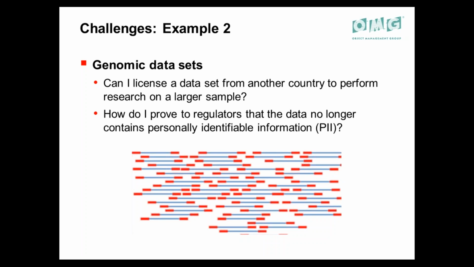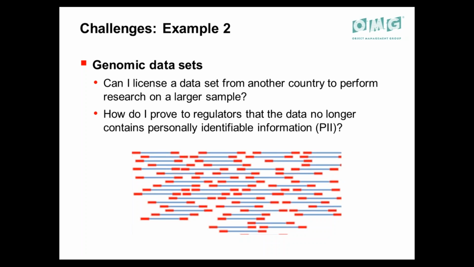And on larger samples, there are licensing issues around that, and there the concern of the users or the providers, the health authorities, the data protection authorities of the various countries is that these data sets, which are very complex, very intricate, and can't easily be inspected by non-specialists, may contain or may still contain information that allows what we tend to call the re-identification of the providers of that information.